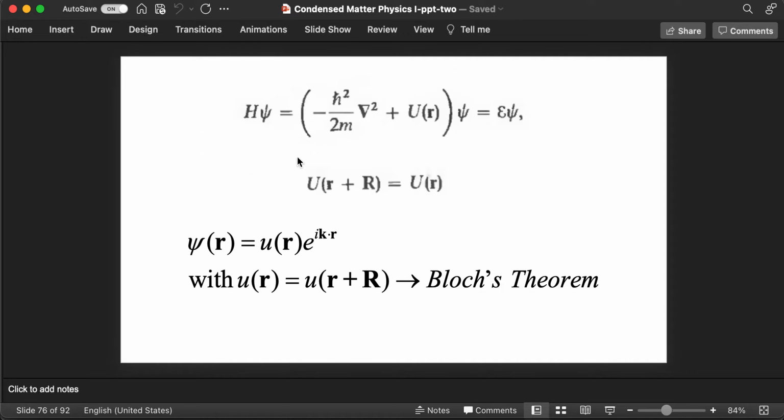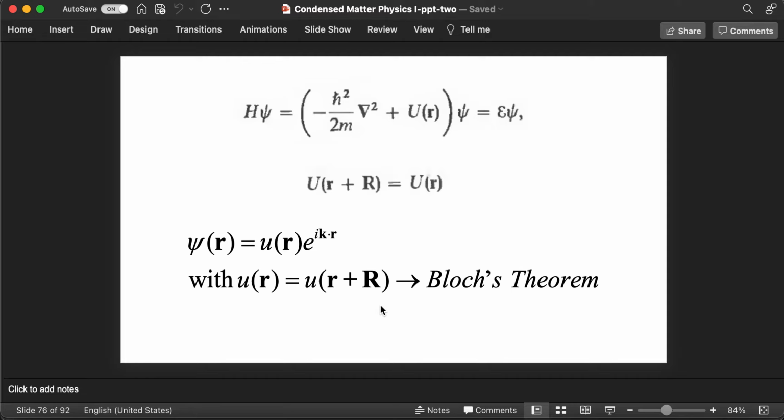So let me say that again. Given this Hamiltonian, and given that the Hamiltonian is a periodic function of a Bravais lattice, you can choose your wave functions as a product of the plane wave times some function u of r, provided that u of r also has the same periodicity, and that's called the Bloch's theorem.